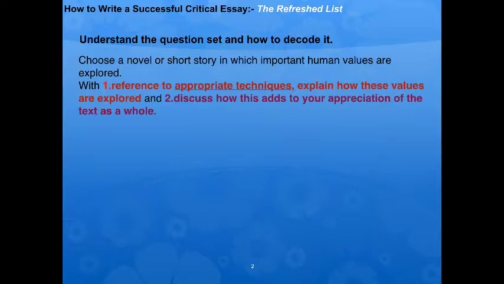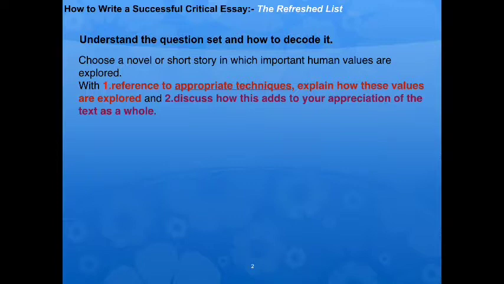And you really need to join together those 2 points: the exploration of the human values, along with how that is carried out through writers' techniques. These 2 have got to marry together because they are part and parcel of part 1 of that question.